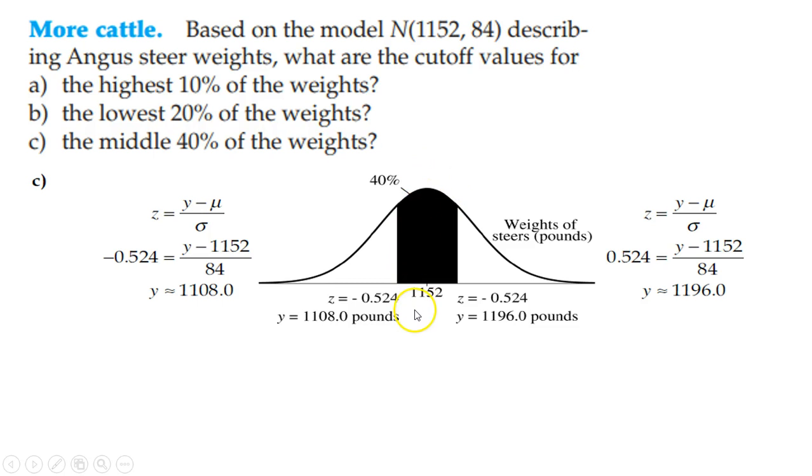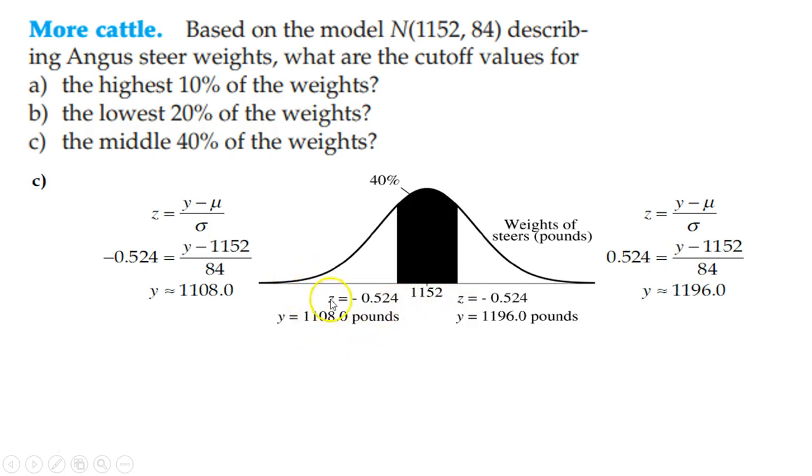So if this is 20% lower, technically this is the 30% mark, 30% right here. And if this is 20% higher, that's a 70% mark. So what I'm implying here is this would be the low 30 to figure out what this mark is, and this would be the low 70 to figure out what that mark is.